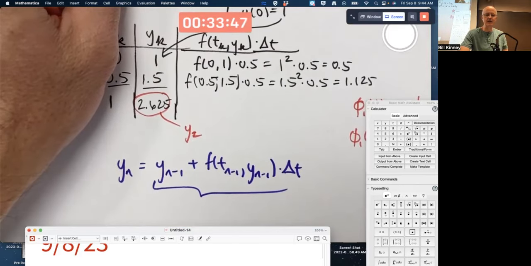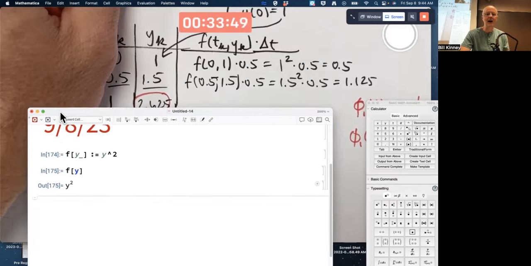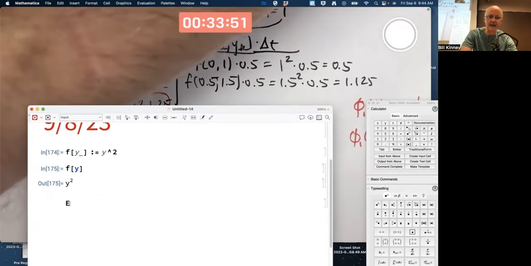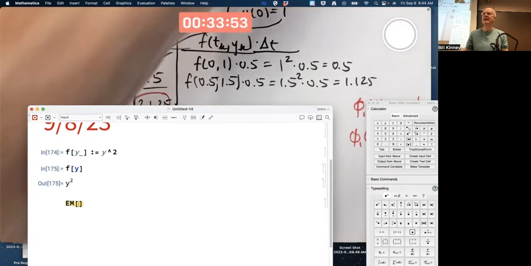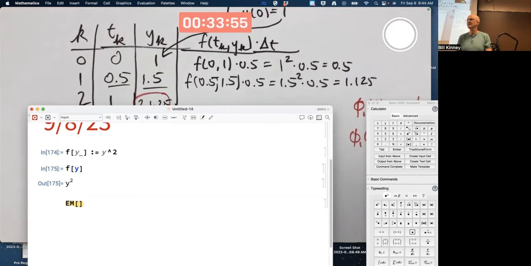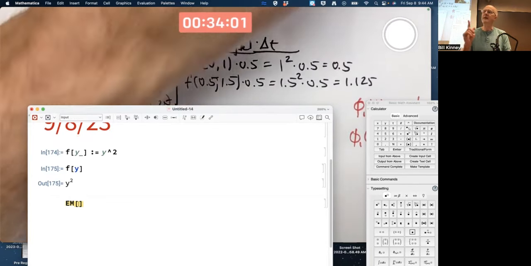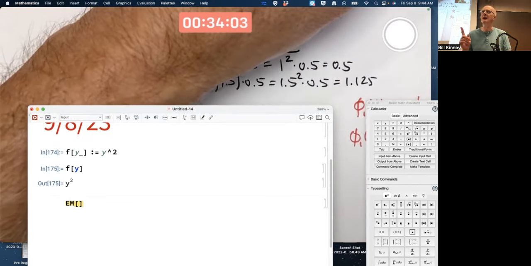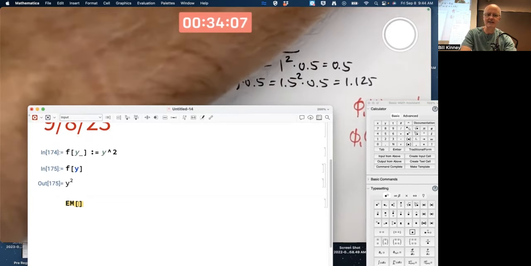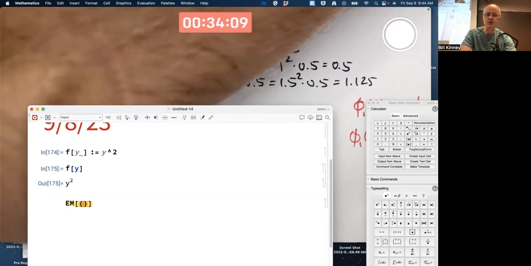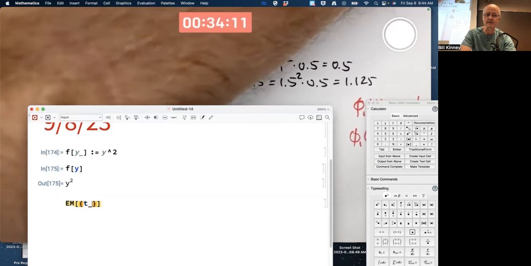That's the function that I'm going to iterate. I tend to give the function a name, EM in this context, standing for Euler's method. Do I have to? No, but it's just what I do. You want the input to be two-dimensional. And it's definitely convenient to use a list with curly braces.